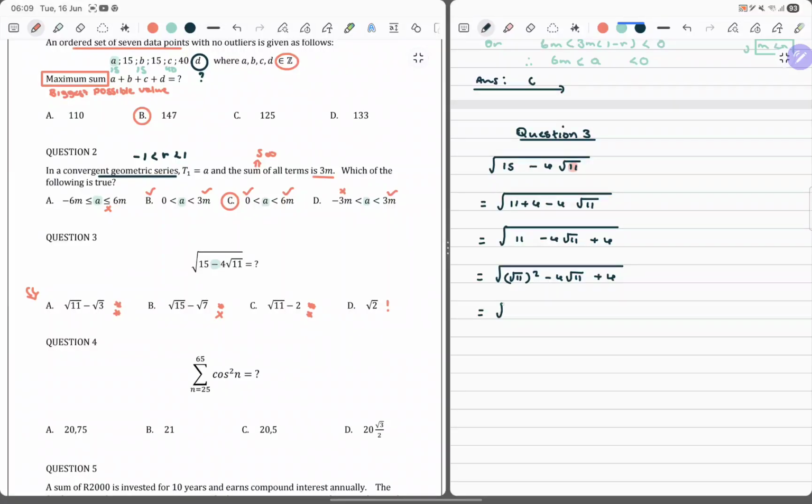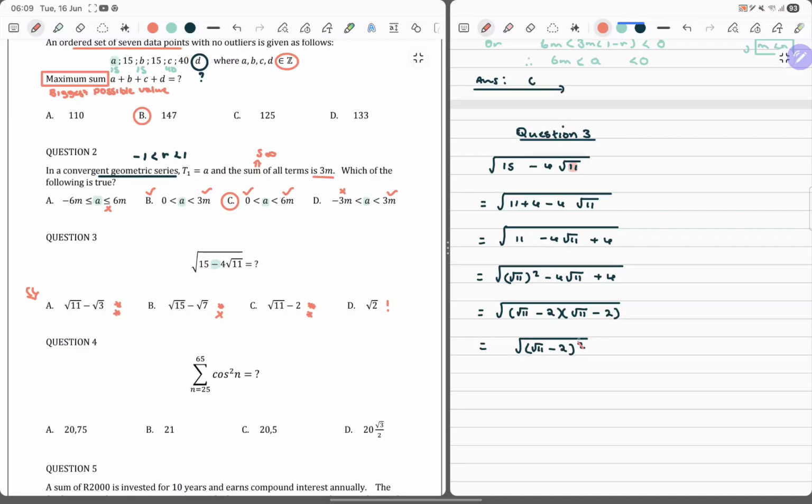Let's factorize it as we know how. So this is dealing with arithmetic in an algebraic sense. So obviously we're going to take what is under the square. The factors of 4 is going to be 2. And then we take what is under the square again. Again, it's going to be minus 2. Now, indeed, we see that this is a perfect square because we can simplify this further by saying all this says is that we've got root 11 minus 2 all squared.